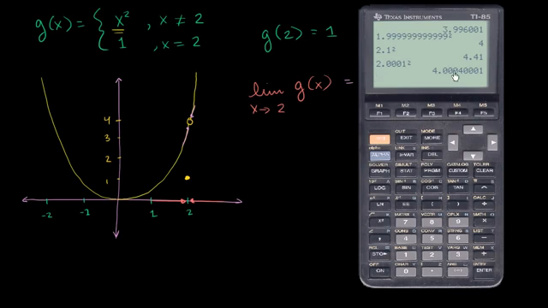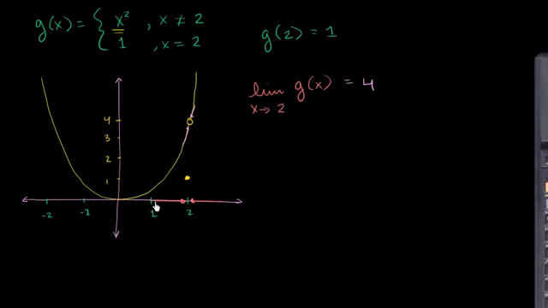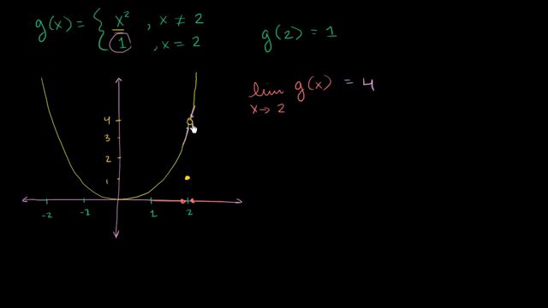Now we're getting much closer to 4. So the closer we get to 2, the closer we get to 4. Once again, that's a numeric way of saying that the limit as x approaches 2 from either direction of g of x, even though right at 2 the function is equal to 1 because it's discontinuous, is 4. We're getting closer and closer to 4.